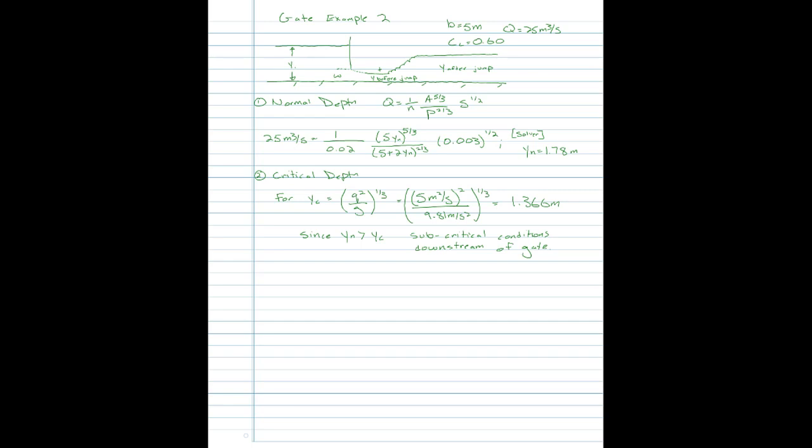We've got a mild slope here. So the maximum gate opening corresponds to the opening that produces, after contraction, the sequent to the normal depth.